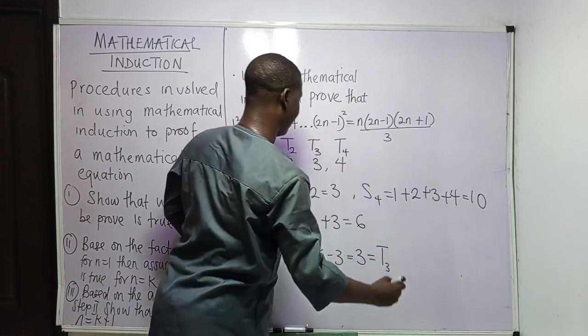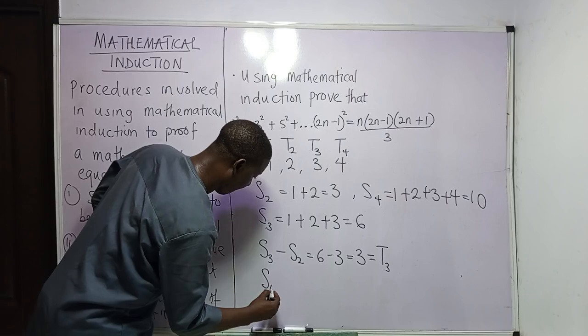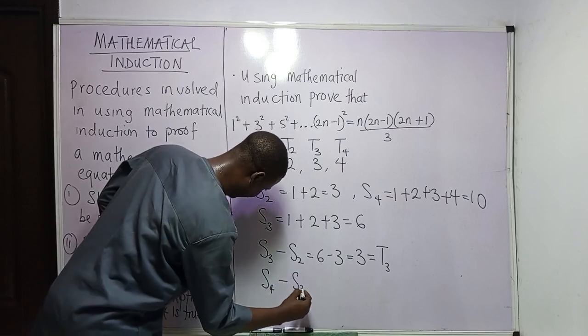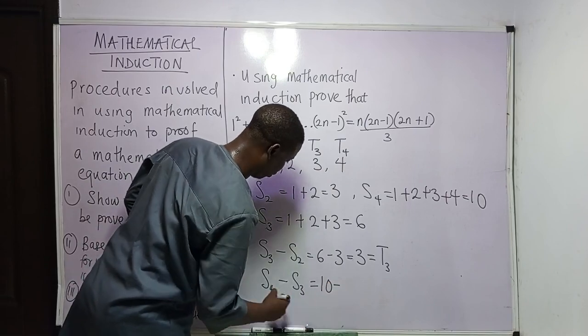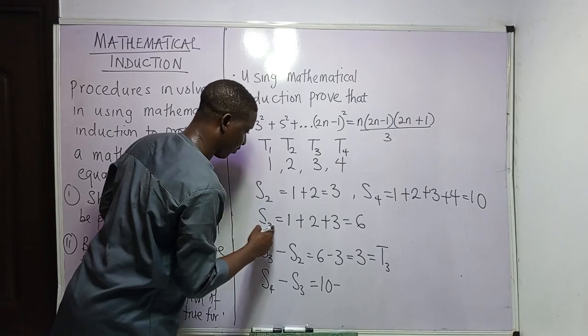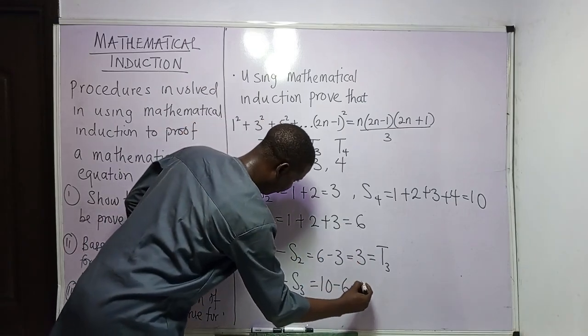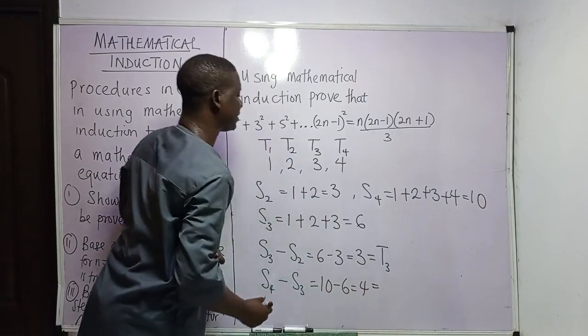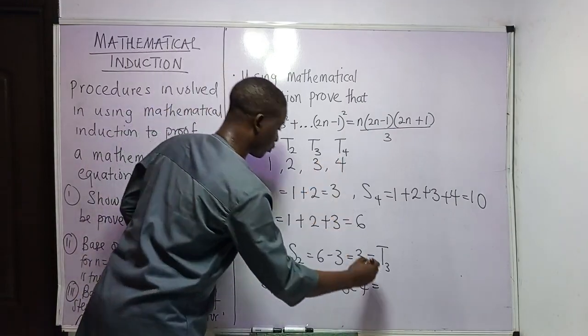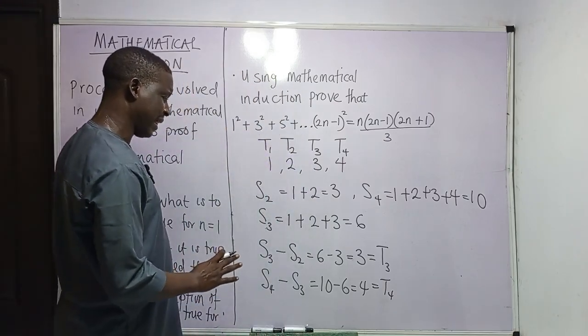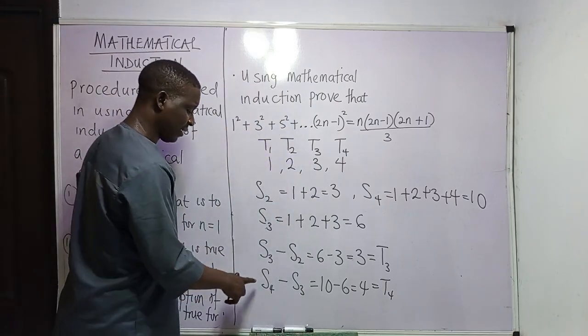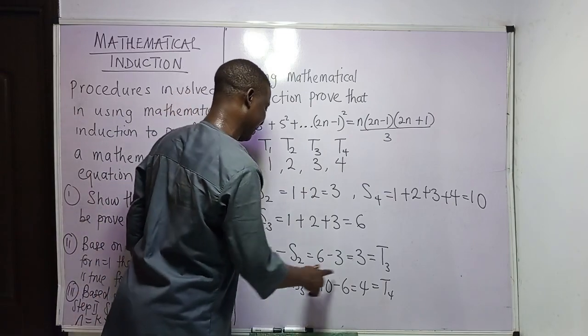Now, if you get 10, let me say S4 minus S3. That means 10 minus 6. What do you have? 4, which is the fourth term. Now, if you check this very well, you will notice that S4 minus S3 gives us T4.